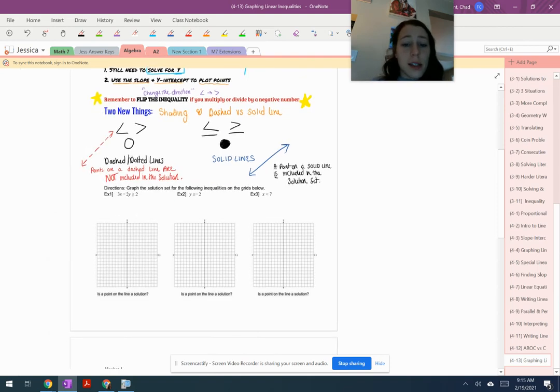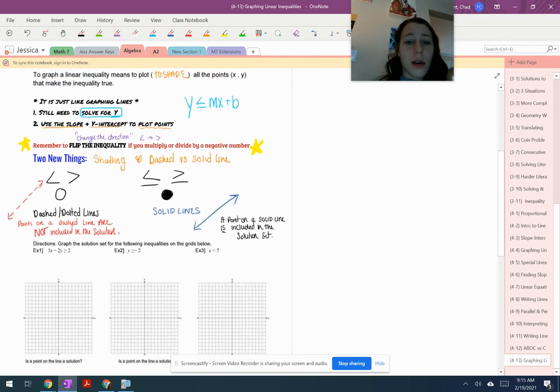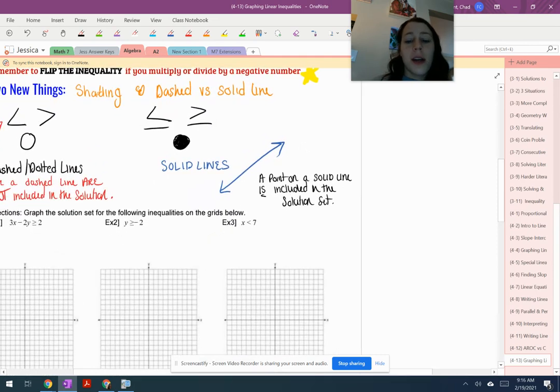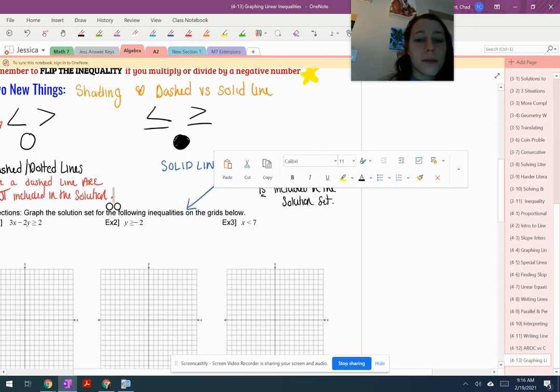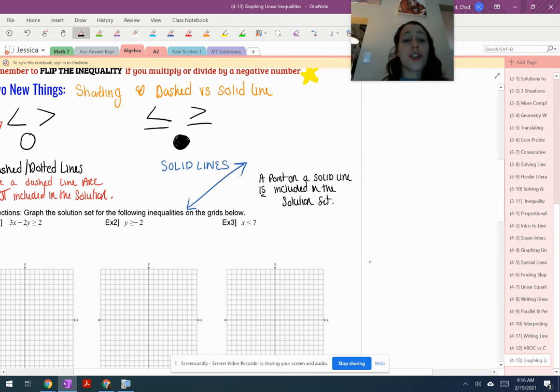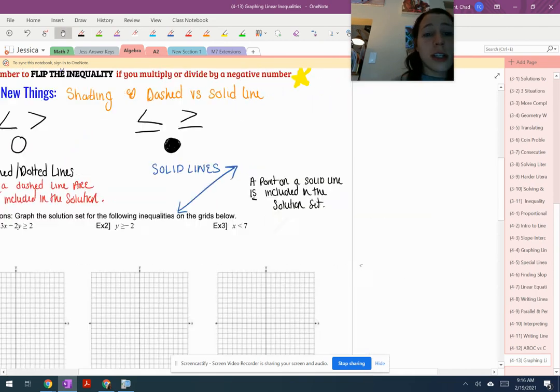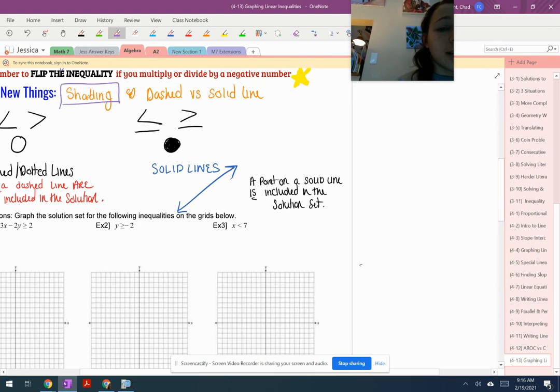The last thing that we need to throw up in here is how to shade. Let's go purple for shading.